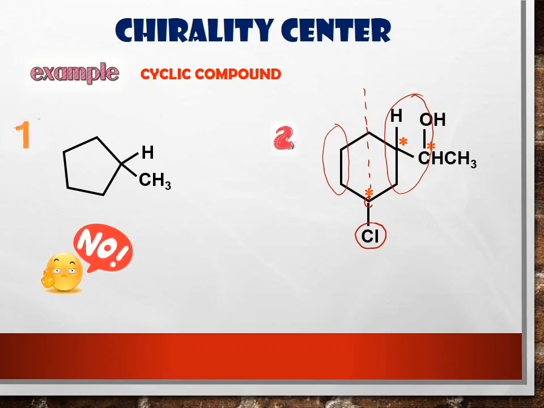So this carbon is bonded to 3 different groups of atoms. One more is, yes, a hydrogen atom. So this carbon is a chiral carbon. So this compound has 3 chiral carbons.